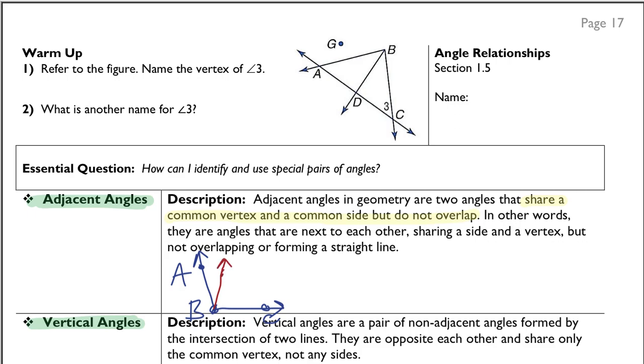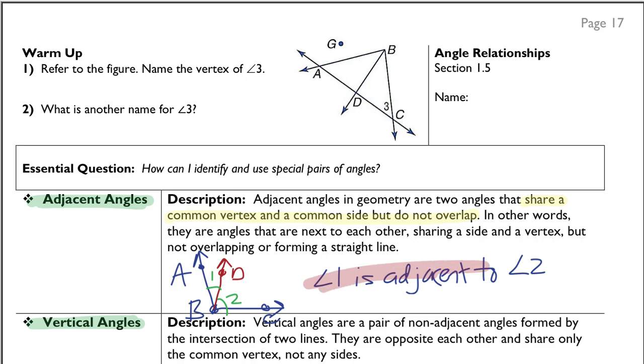I'll put it over here and say that is point D. Let's say this angle here is 1 and this angle here is 2. Angle 1 and angle 2 are adjacent. So angle 1 is adjacent to angle 2. That's how we would say it.